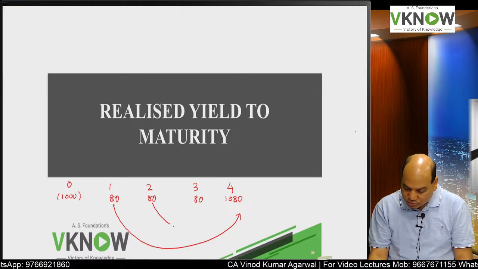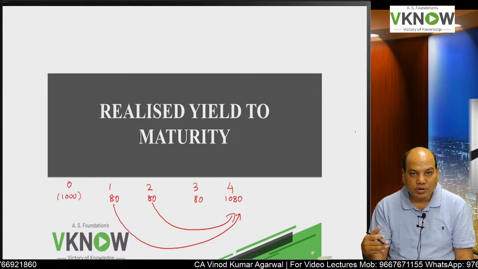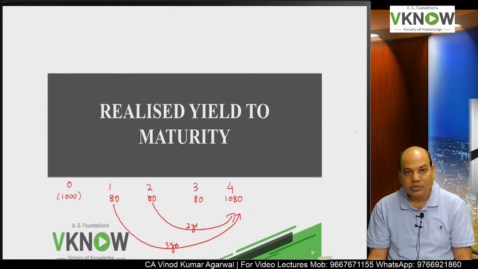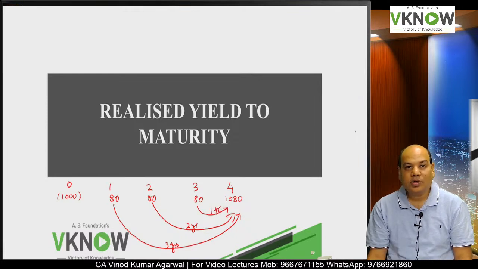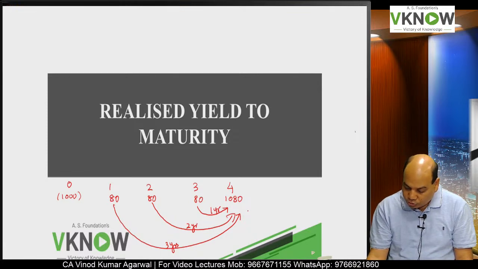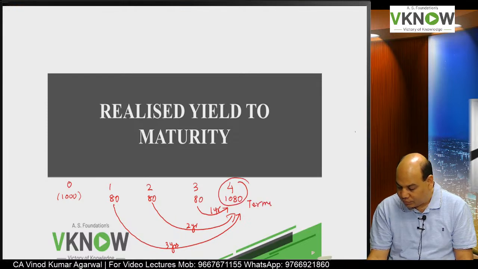This 80 rupees will be reinvested for the remaining period, that is, it will be invested for 2 years. This will be invested for 3 years. This 80 will be reinvested for 1 year at an appropriate investment rate. So on maturity date, we will calculate terminal value.